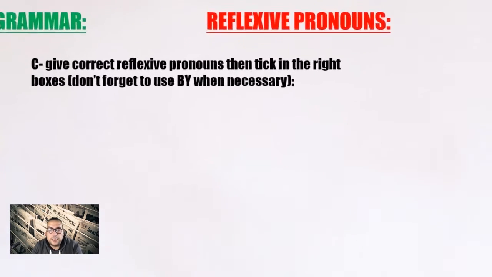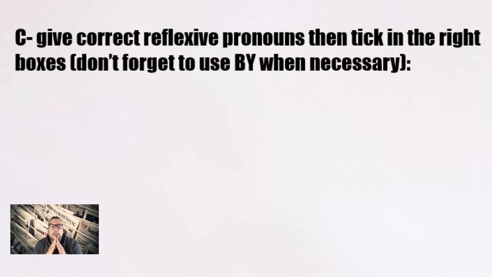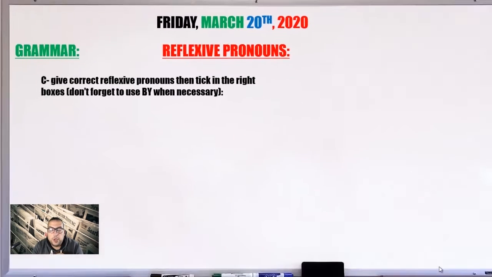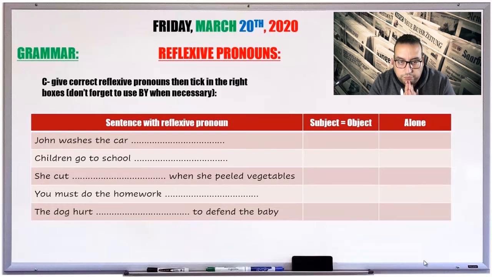Now let's move to the exercise. I want you to give correct reflexive pronouns, then tick in the right boxes. Don't forget to use by when necessary. To the left we have some sentences that are missing reflexive pronouns, and to the right you have to decide if this reflexive pronoun means the subject is the object, it's the same person, or it means doing something alone.